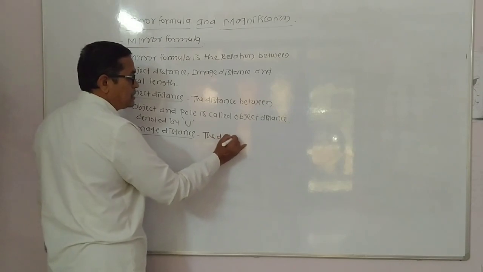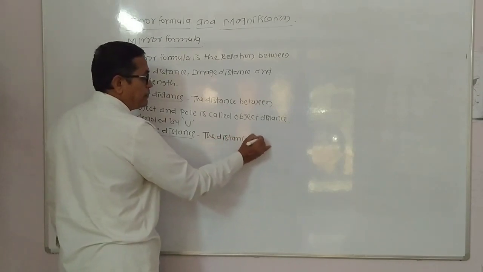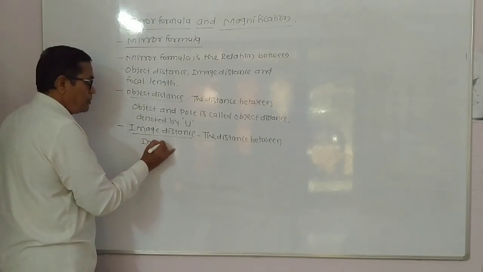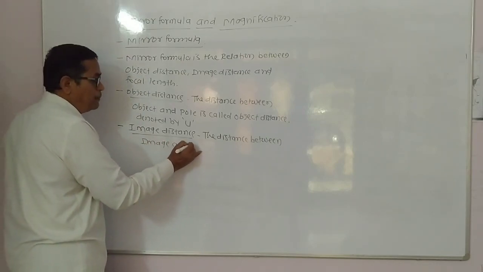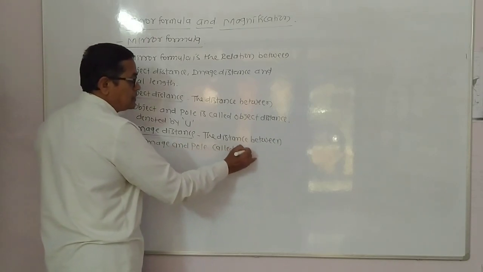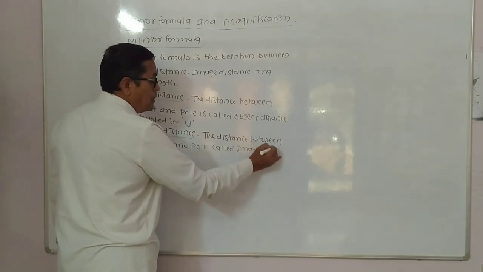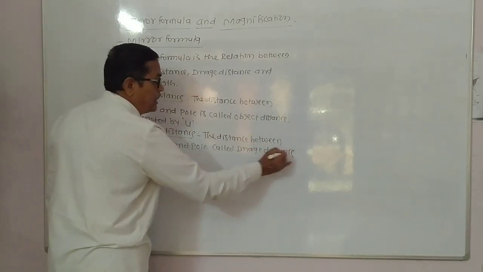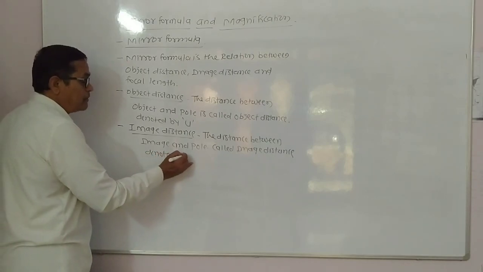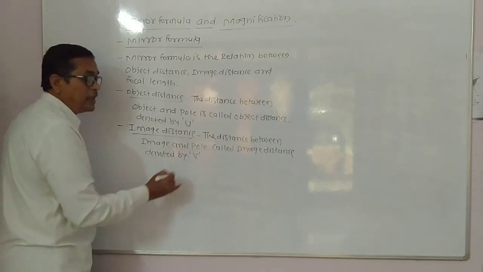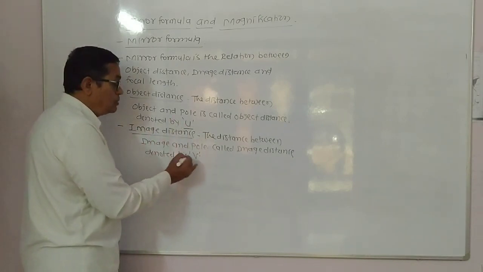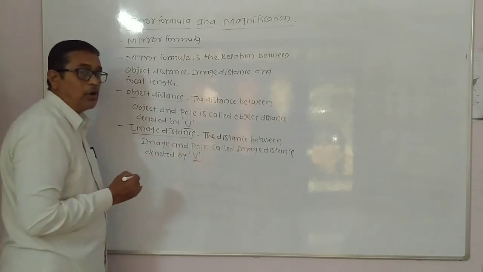The distance between image and pole is called image distance, denoted by small v. You know, object distance is denoted by small u and image distance is denoted by small v.